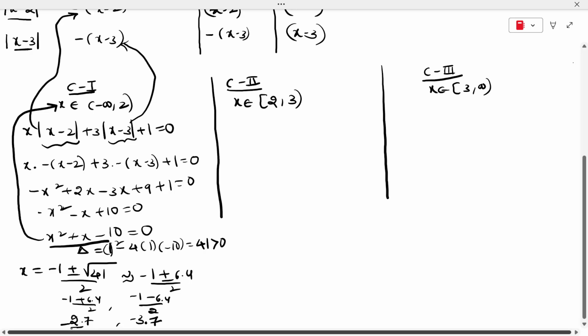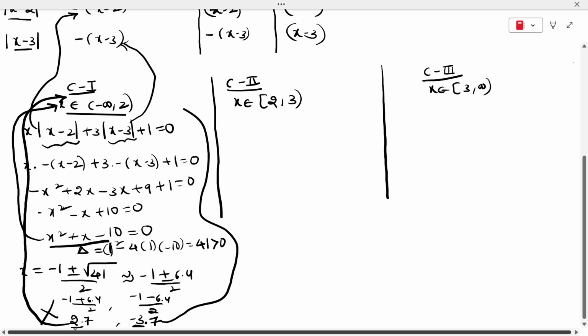Is your 2.7 in the region which is between minus infinity to 2? 2.7 is more than 2, but my x is less than 2. So whatever the root I got, 2.7 is invalid root, because 2.7 is more than 2. It should be only less than 2. What about minus 3.7? Yes, it is less than 2. Yes, it is a valid root. Yes, minus 3.7 is in the region 1 only, that is minus infinity to 2.